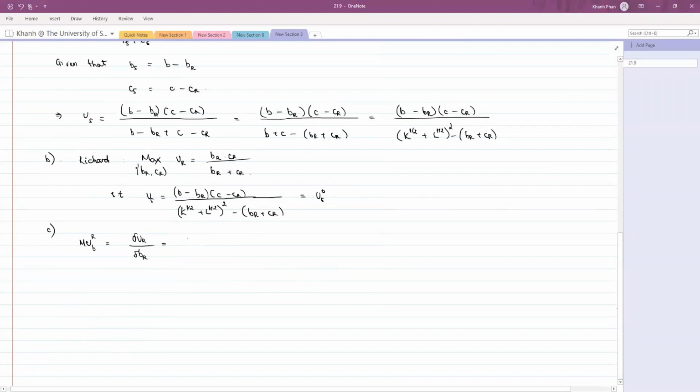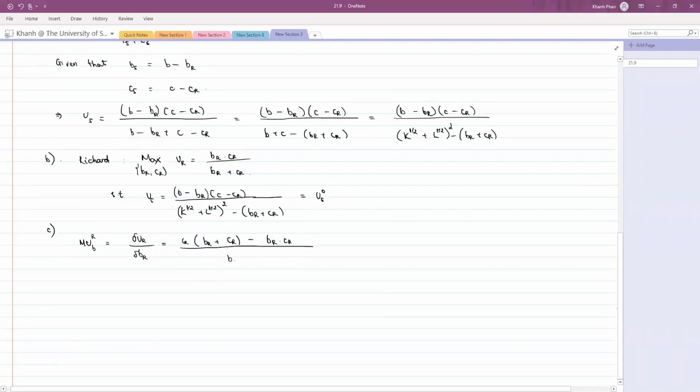So I differentiate the numerator with respect to BR. I get CR, times the denominator, which is BR plus CR, minus the numerator remaining the same, so BR CR times the differential of the denominator with respect to BR, so that is going to give me 1.